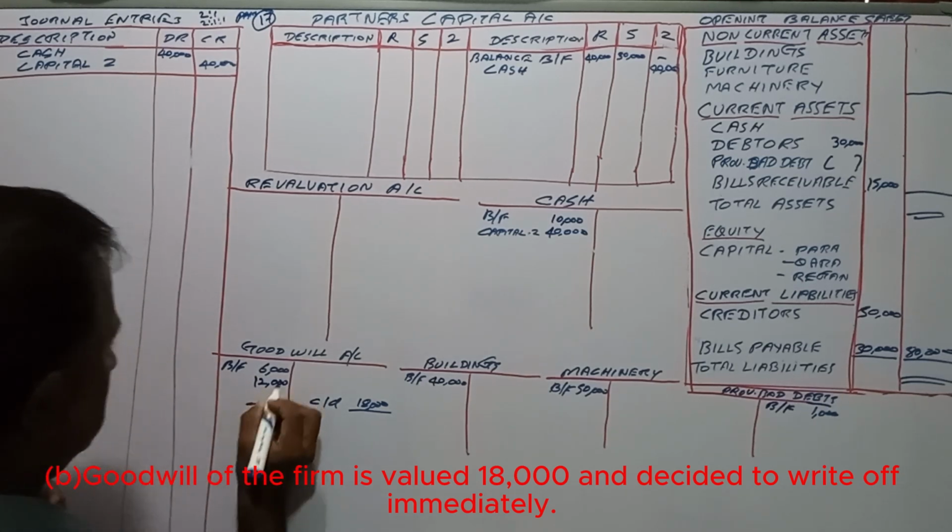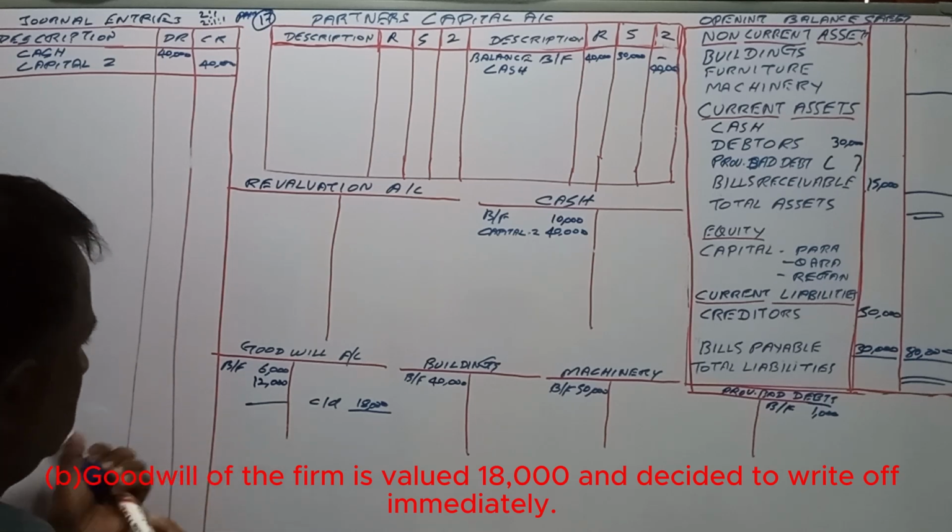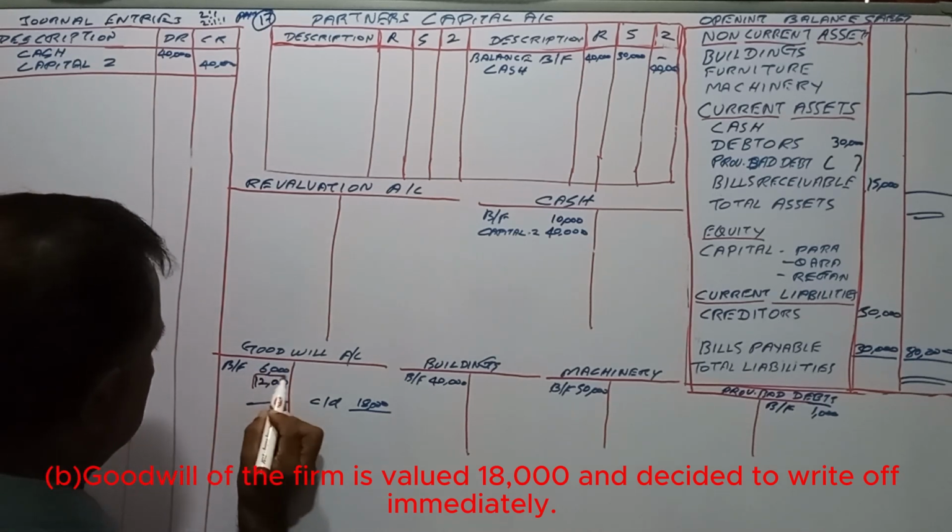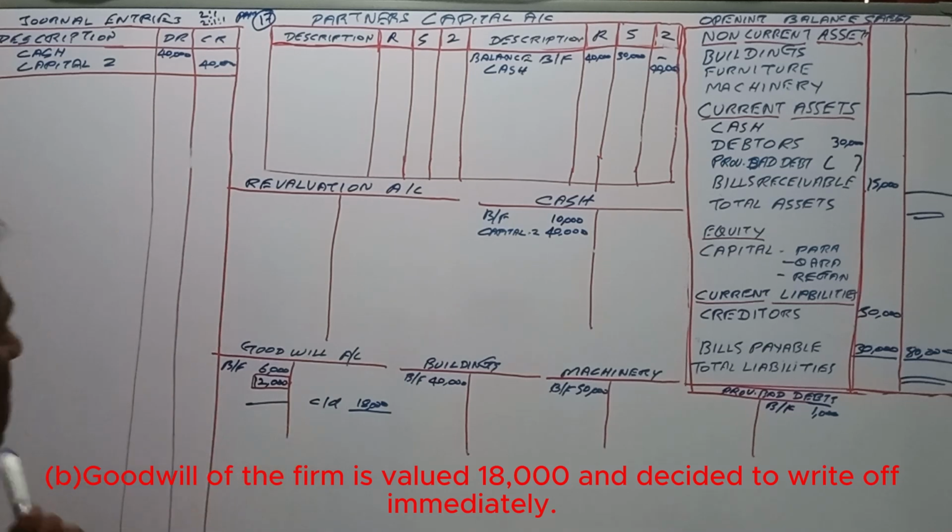We are going to charge it to the old partners in the ratio 2:1. There is no sacrificing ratio, right?